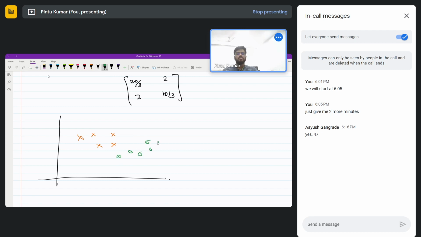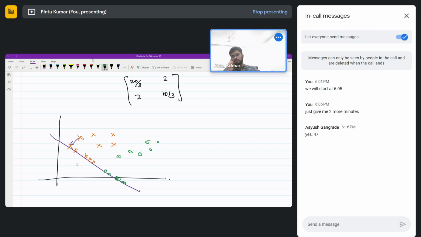Now, what do you mean by reducing it to one dimension? What it means is, let's say this is a 2D set, you drew a line and took its projection on this 1D line. So this X was projected here, this was projected here. Similarly, your green points are projected here, here, 2 points here, and 2 points here.